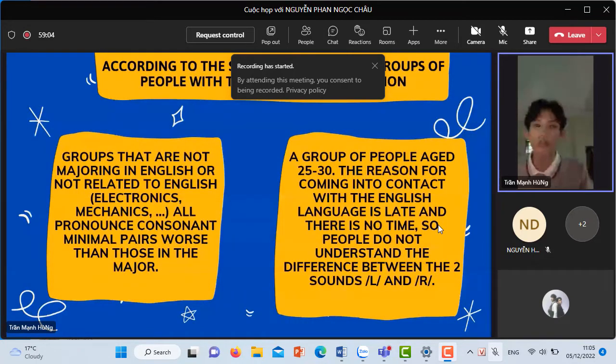All of them pronounce consonant minimal pairs worse than those who major in English. Group two is a group of people between 25 and 30. The reason is that their contact with the English language came late and they have no time to practice, so they do not understand the difference between the two sounds L and R.